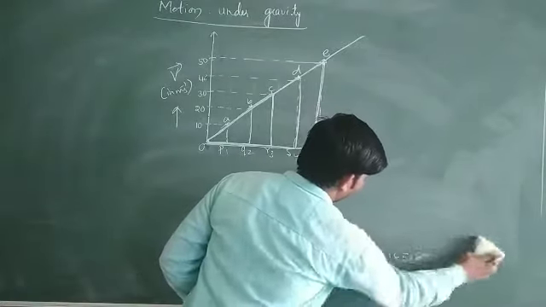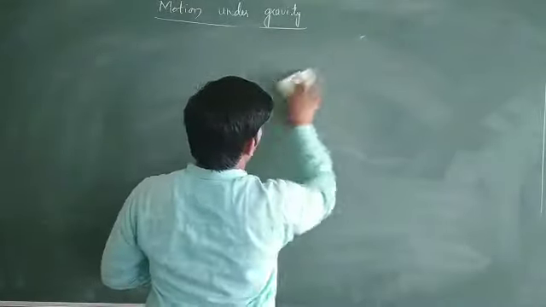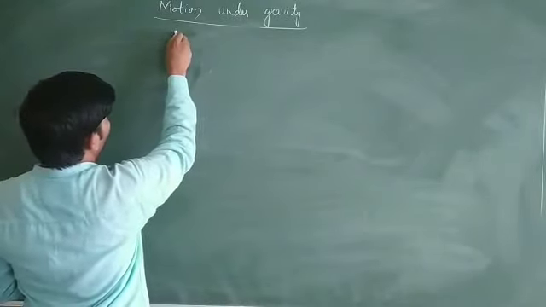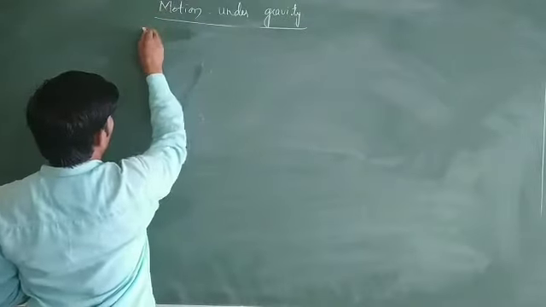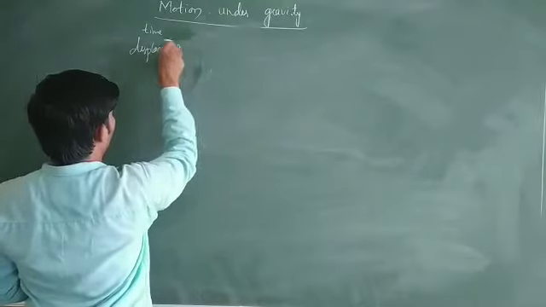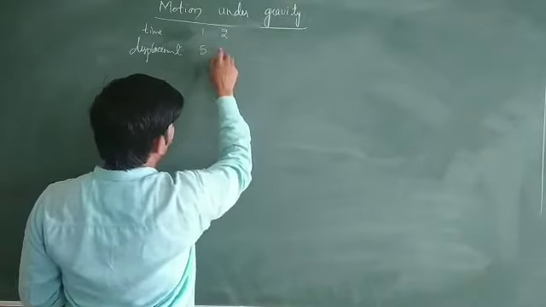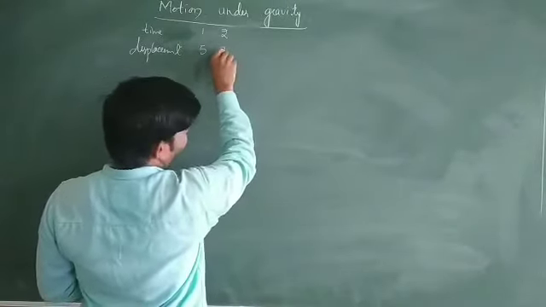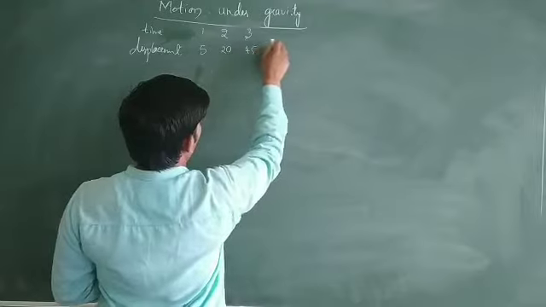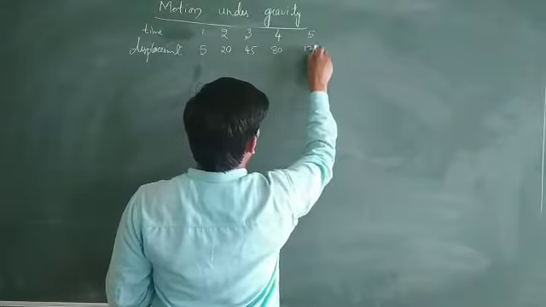For these values we need to plot the displacement-time graph. Time after 1 second is 5, after 2 seconds it is 20, after 3 seconds it is 45, after 4 seconds it is 80, after 5 seconds it is 125.